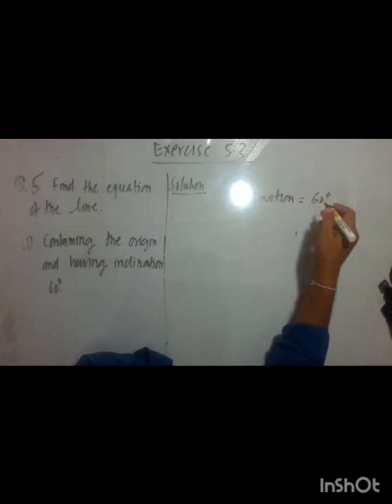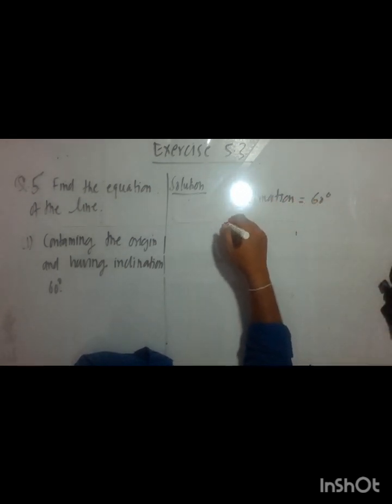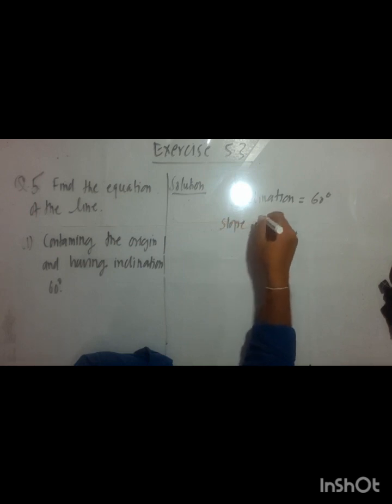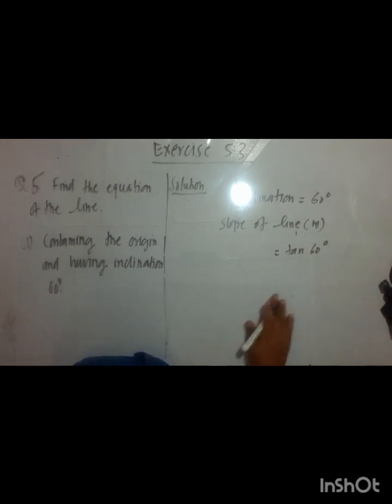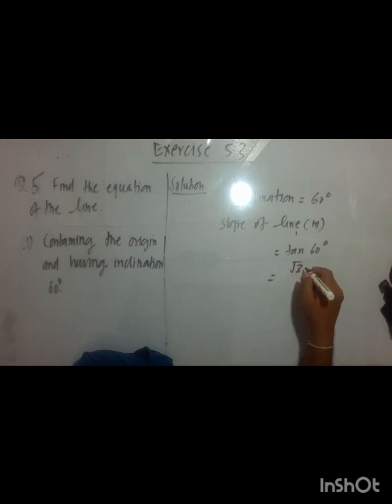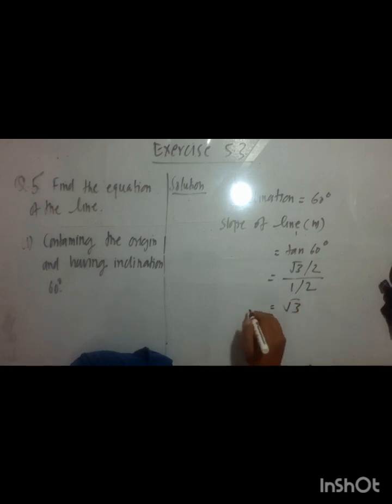If the inclination is 60 degree, then the slope of the line m is equal to tan 60 degree, right? Tan 60 degree is how much? Root 3 by 2 upon 1 by 2, because sine 60 is root 3 by 2 and cos 60 is 1 by 2. So it will be root 3. Okay, so slope of line m is equal to root 3.